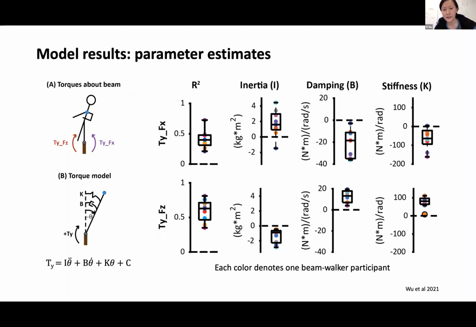So then I take an average for each partnership, and that's one color dot on this plot. And so this is the overall group data for all the different partnerships. And I have the R squared, the quality of fit of the different models, and then the values for inertia, damping, and stiffness.